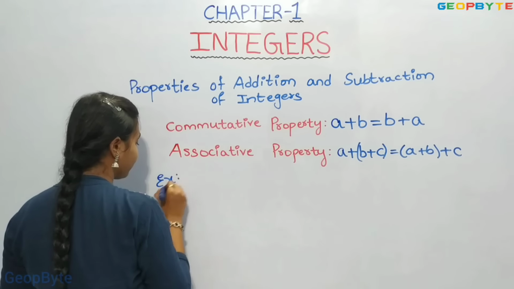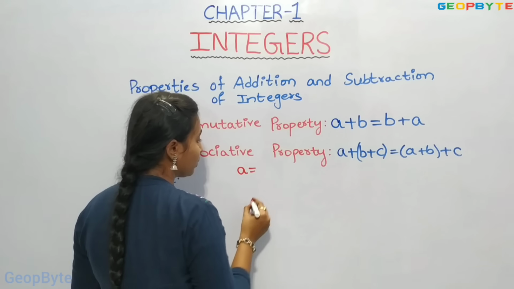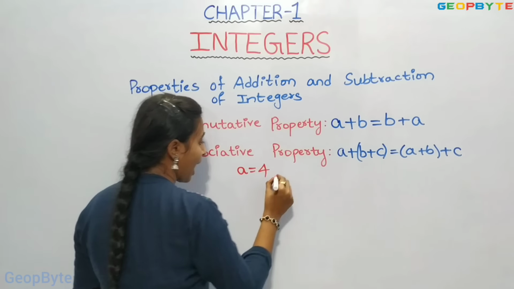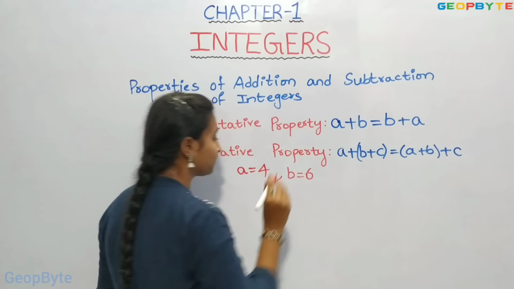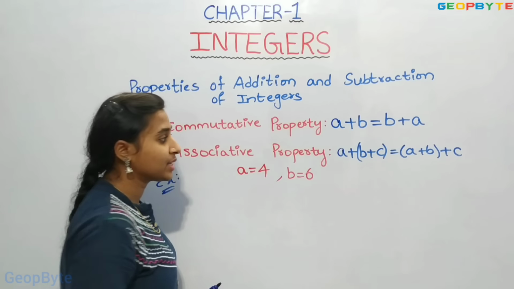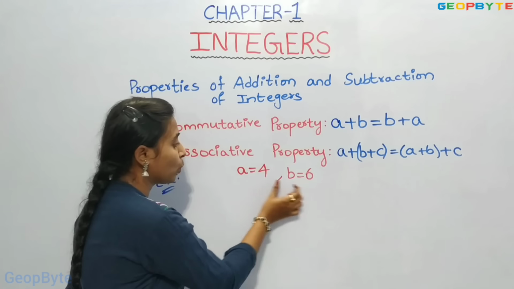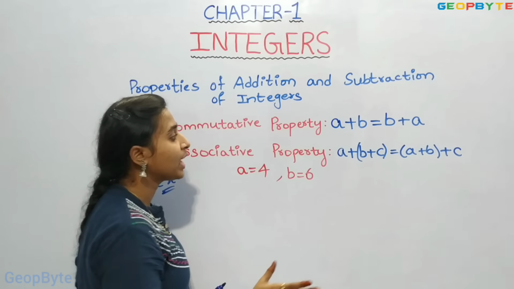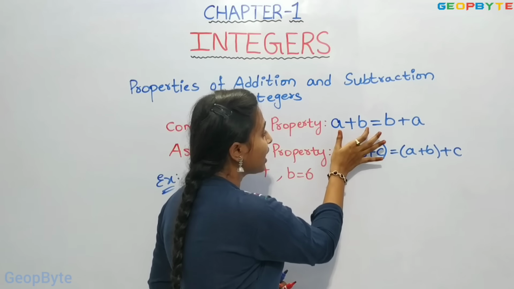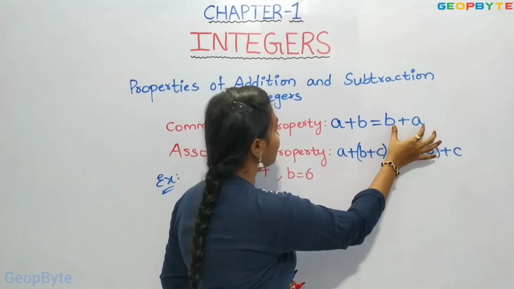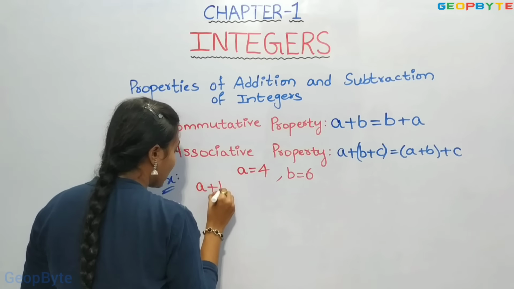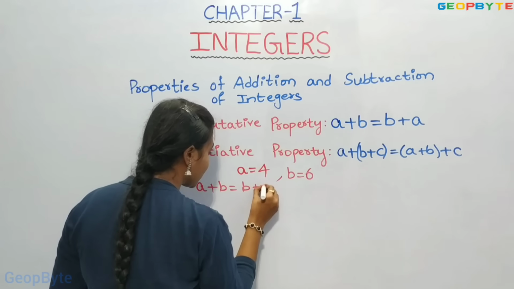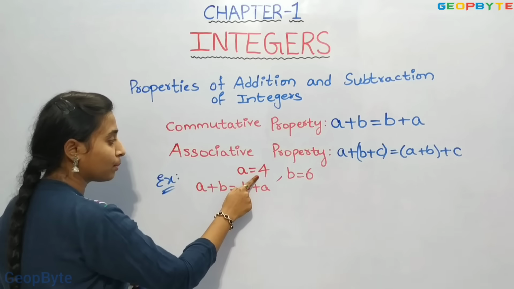First, let us take A is equal to some 4 and B is equal to some 6. Now, let us check these two properties with these two numbers. We have the first property as A plus B is equal to B plus A. What we have as the number A?